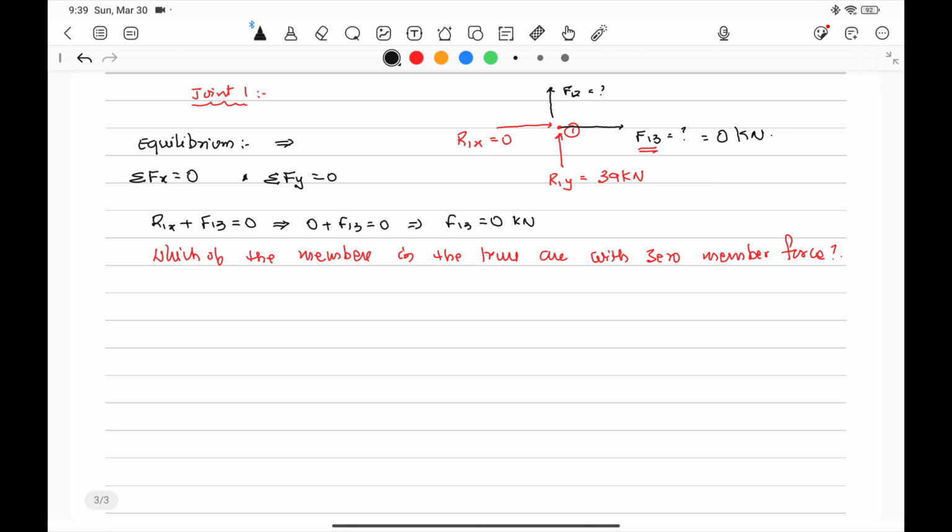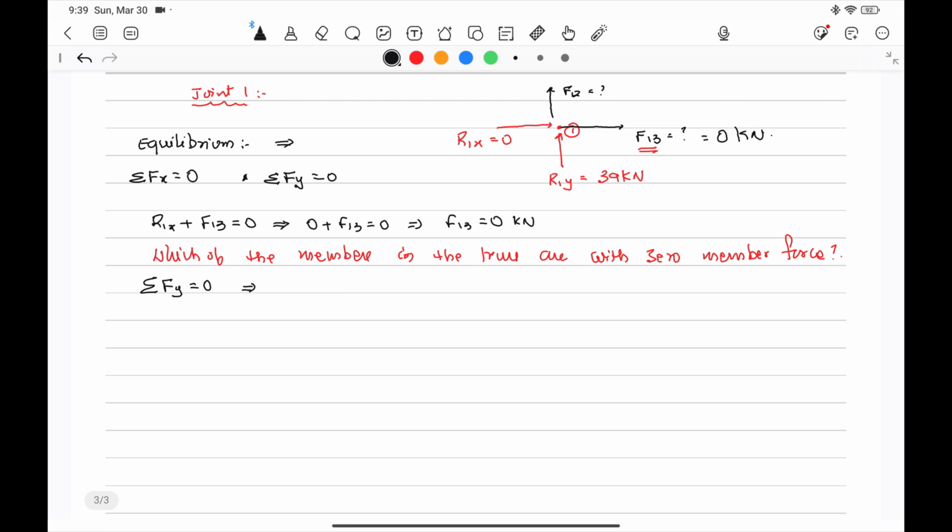Next comes, you just see how concepts are being developed. Sigma Fy is equal to 0. That implies, don't worry about the sign convention, as I told you, R1y and F12 both are acting in the same direction. What is the sigma?